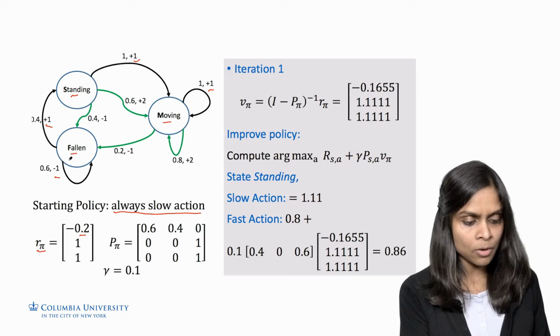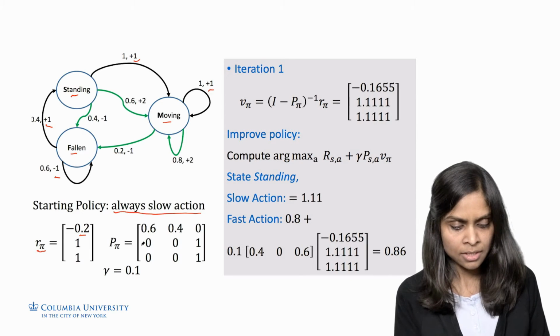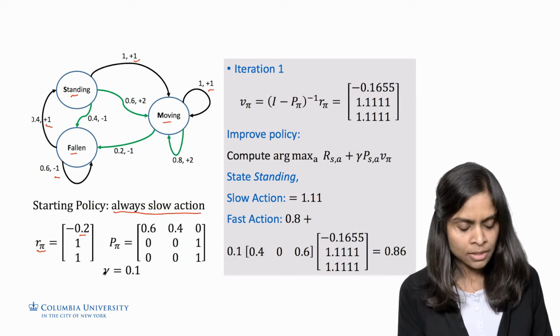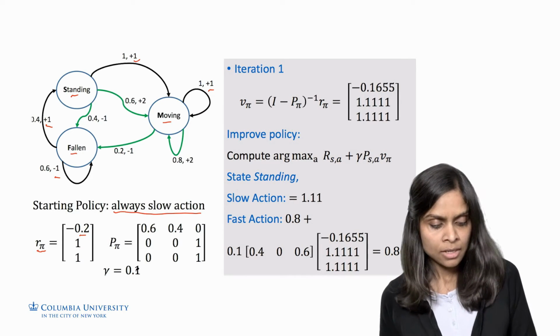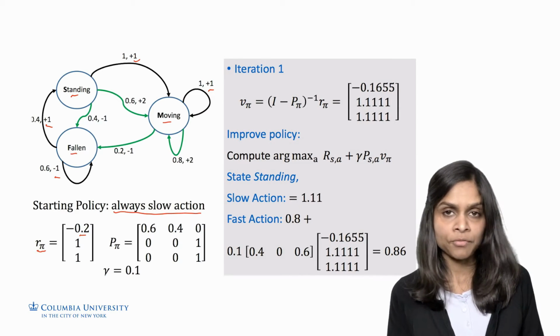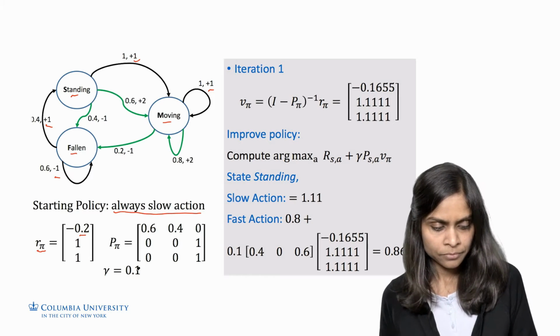From fallen state, the probability is 0.6 of going to the fallen state, 0.4 of going to the standing state, and 0 of going to the moving state, and so on for standing and moving state. The gamma that we look at here is 0.1. The aim would be to find the optimal policy to maximize the sum of expected discounted rewards with this gamma factor.